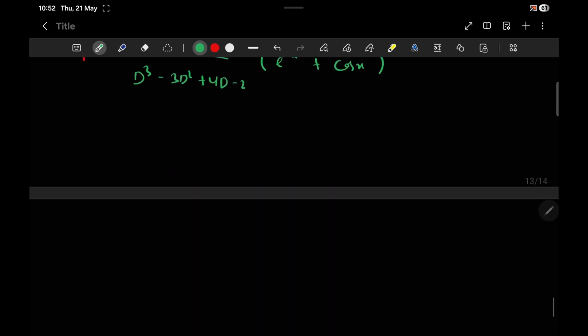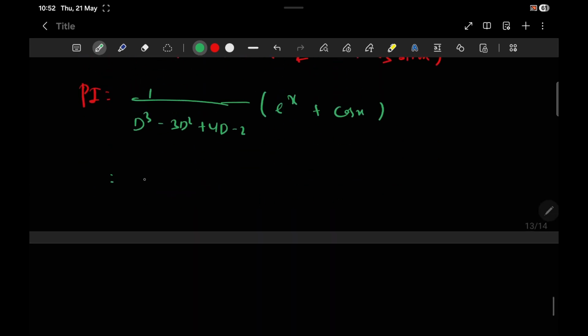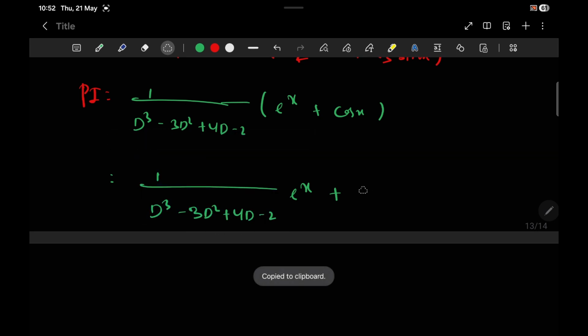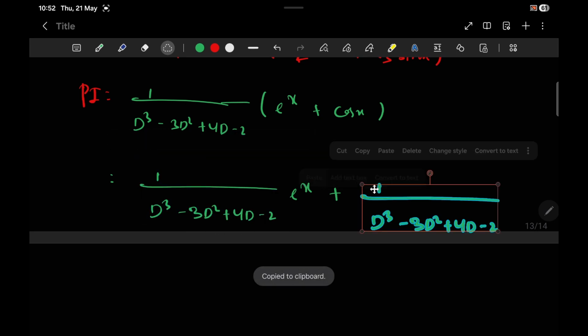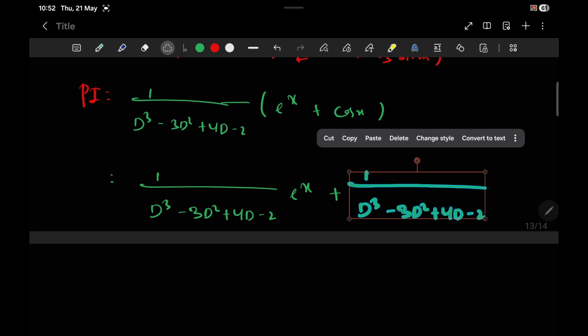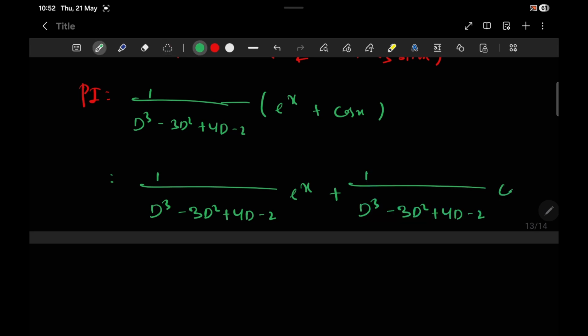So let's open this bracket. E to the power x plus again this term and cos x.